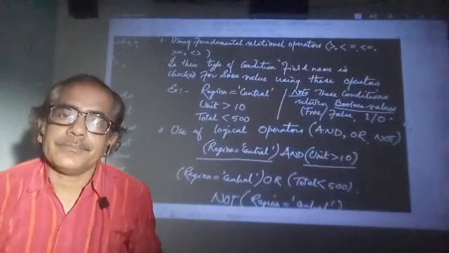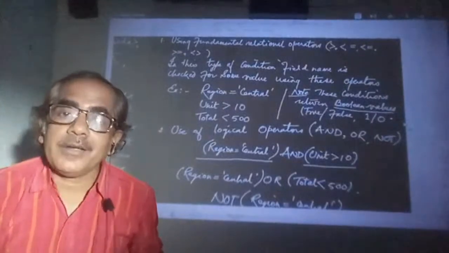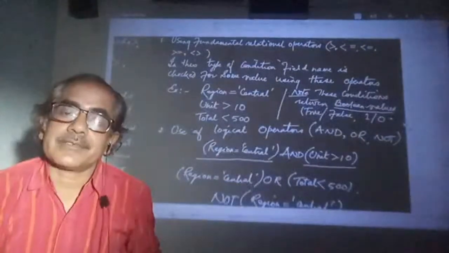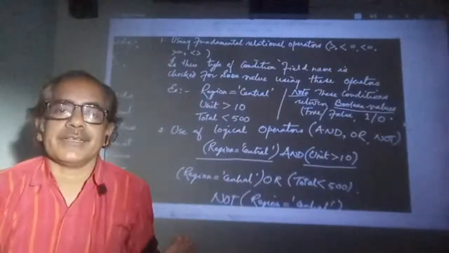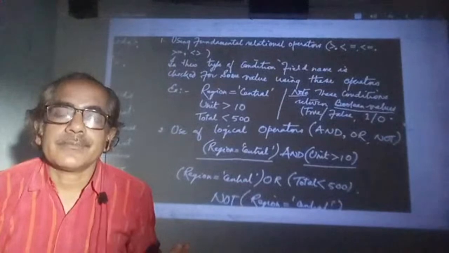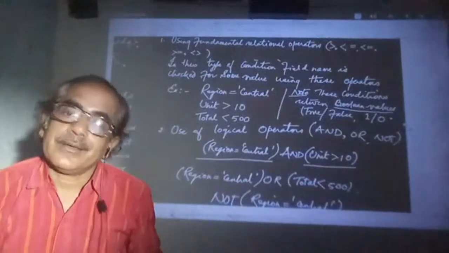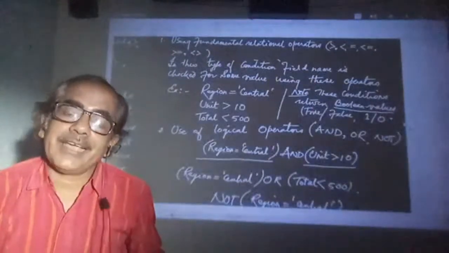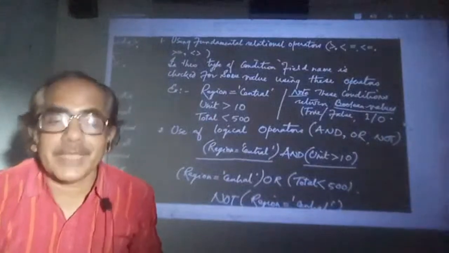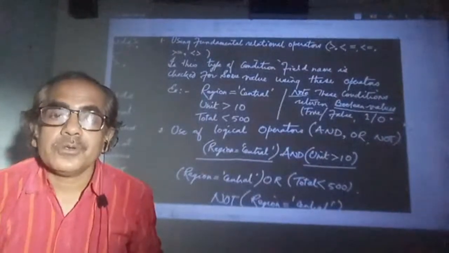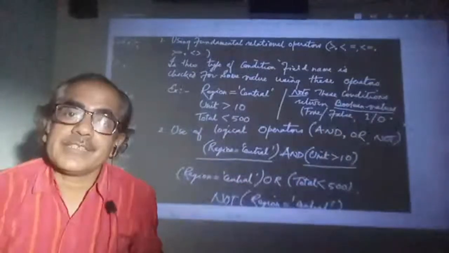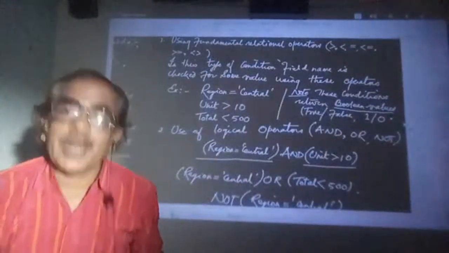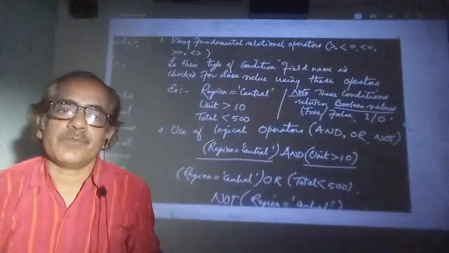In or, the case is reverse. When all are false, then the result is false. In and, when all are true, then the result is true. Or is defined as: when all are false, then the result is false.